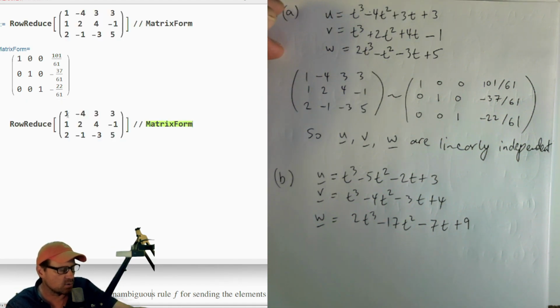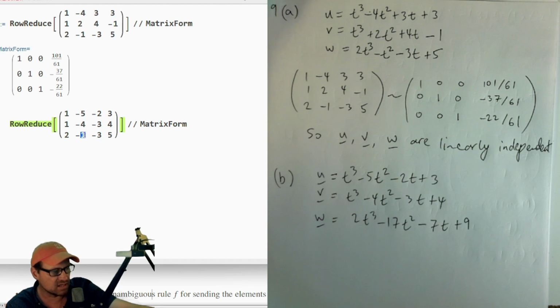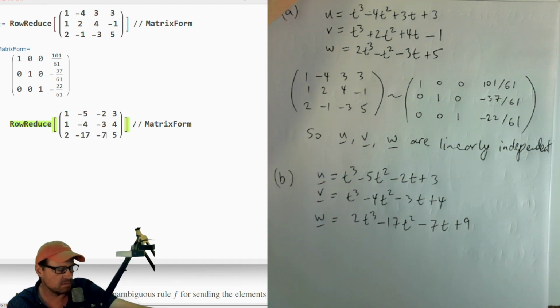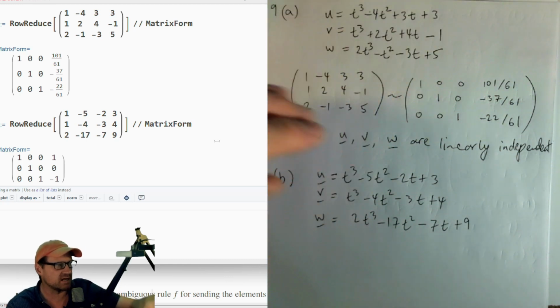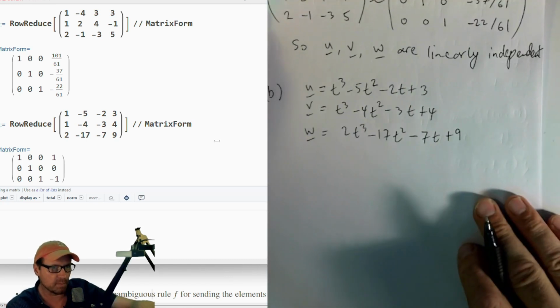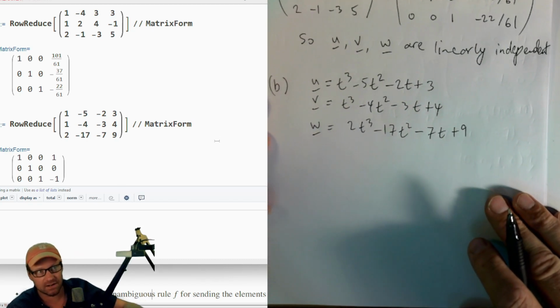Okay, now for part B, I'll copy this and then I'll just change the numbers. So in the first row, we'll have 1, then minus 5, minus 2, 3. Then we have 1, minus 4, minus 3, 4. Then we have 2, minus 17, minus 7, and 9. So let's do the same thing. Row reduce this, displaying the result as a matrix. I'll copy that result down here.